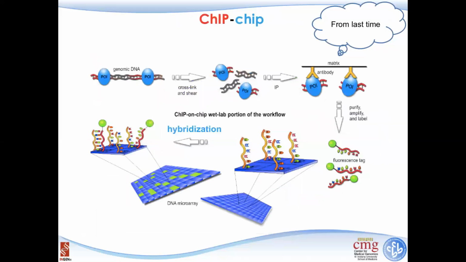Let's review ChIP-chip or ChIP-seq first. First, we get the genome DNA. Then they do cross-link and shear, and then get a number of DNA fragments. And then how can we extract the sequence of our interest? I reminded you last time, what is the most important factor in ChIP-seq?